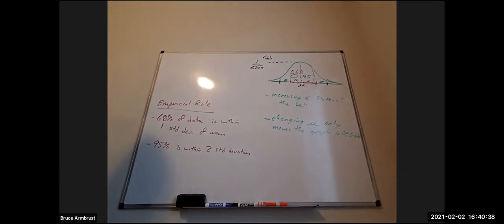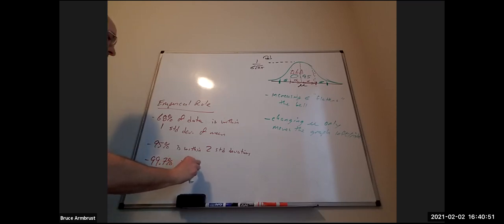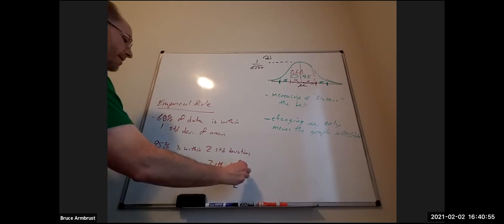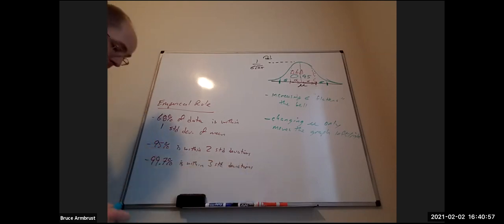And then if you go a third standard deviation, it's an insanely large amount. It's almost all of the data. It's 99.7%. And you can see that on the graph as well, right?